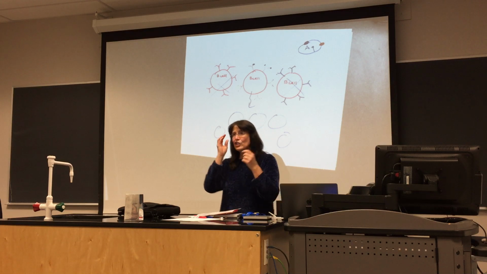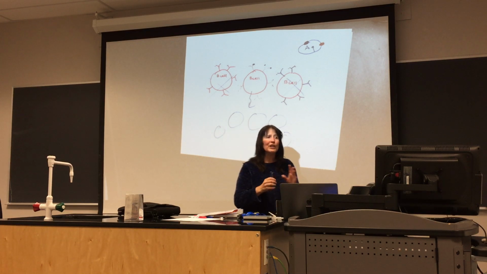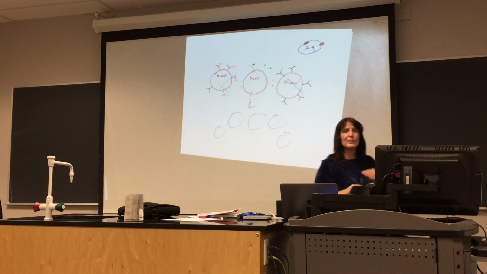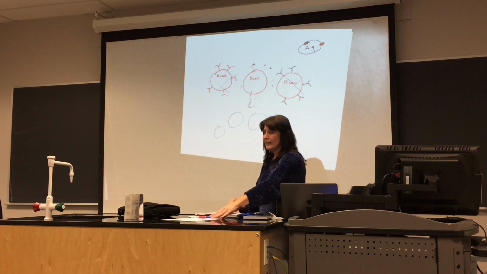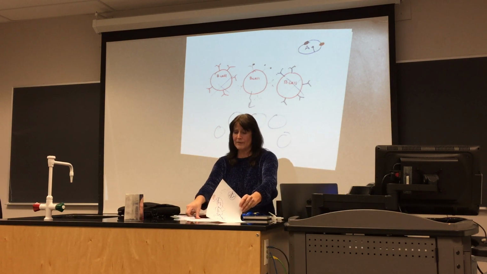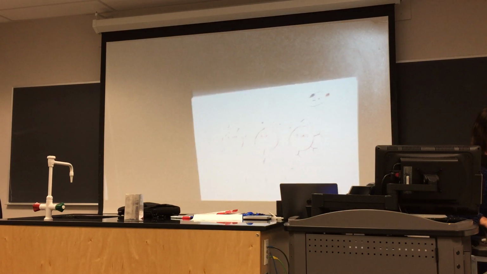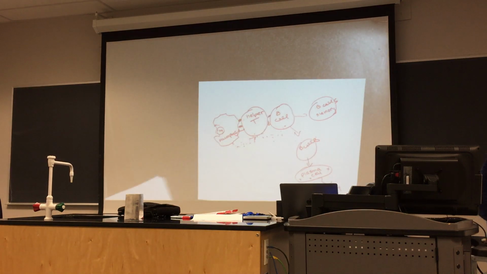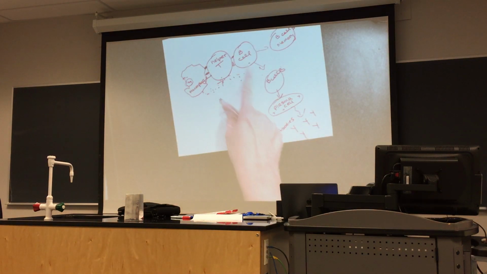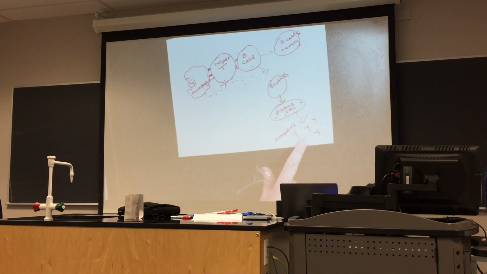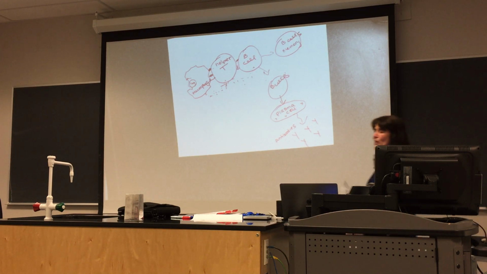And then the IgM, that's the original one that is going to be produced the first time that you see these different types of agents. So the very first time that you see it, this would be the IgMs. Okay. All right. Does anybody have any questions on that?